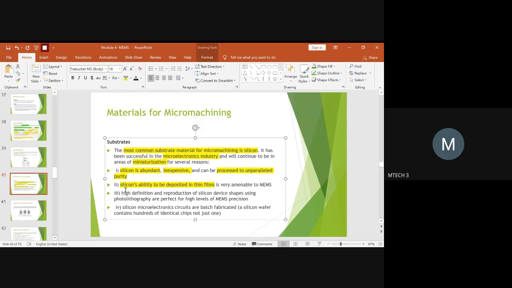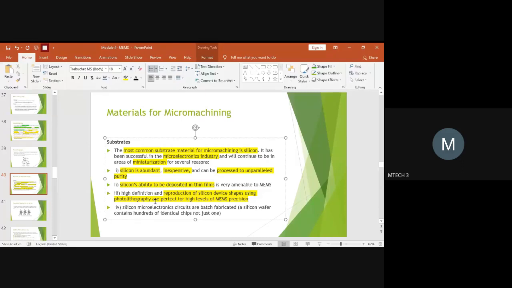The next thing is that reproduction of silicon device shapes using photolithography is perfect for high levels of MEMS precision. That means it provides good precision for developing the required shapes by the photolithography technique. It provides high definition and highly precise shapes.